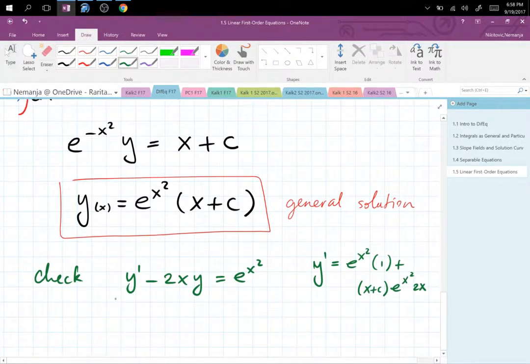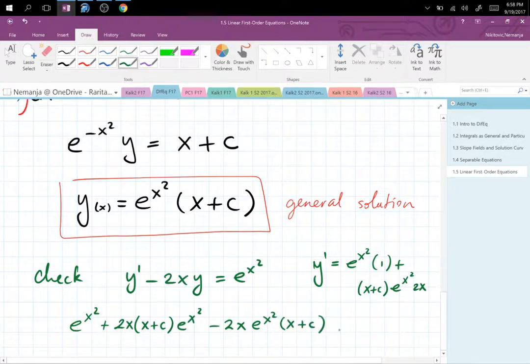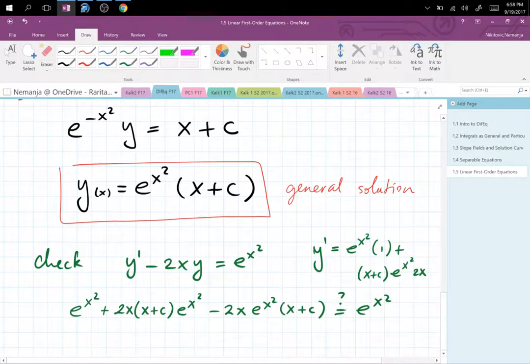So instead of y prime, I get to put e to the x squared plus 2x times x plus c times e to the x squared. So that's all that. Minus 2x, and instead of y, I get to put e to the x squared times x plus c equal, question mark, right, e to the x squared.